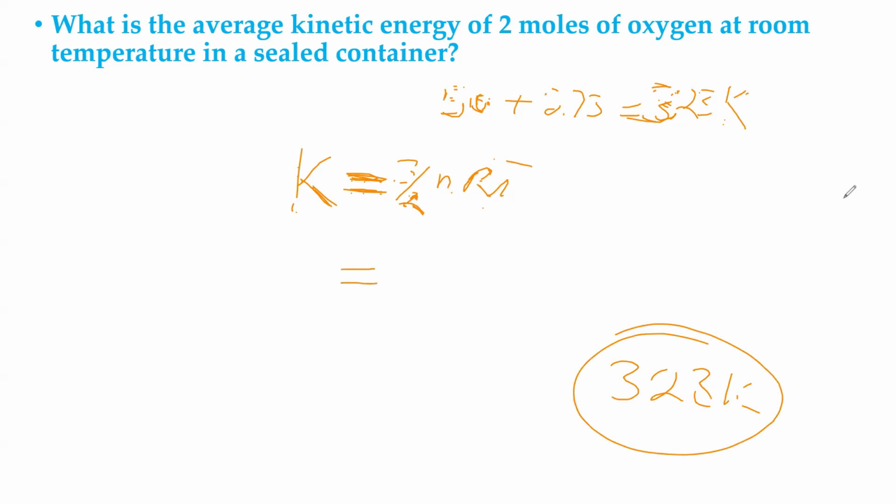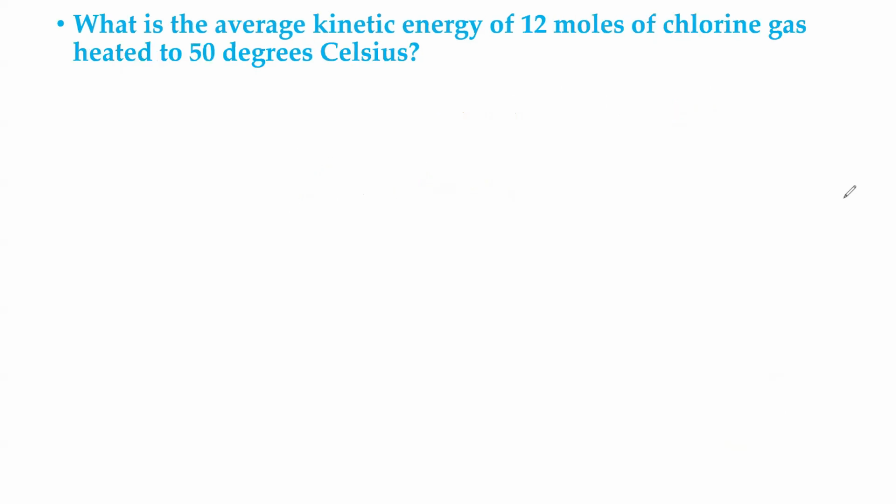So it's now going to be 3 over 2 times the n. Now I have to go back. Yeah, this is the question.